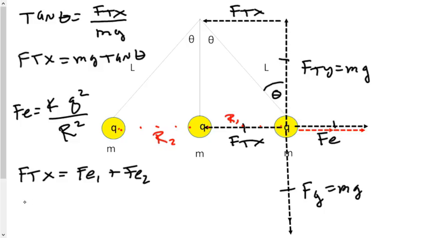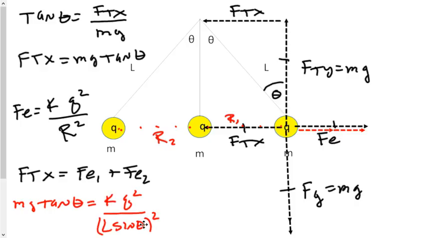So our equation is going to be like this. mg tangent of theta is equal to k q squared over (L sine theta) squared, plus k q squared over (2L sine theta) squared.